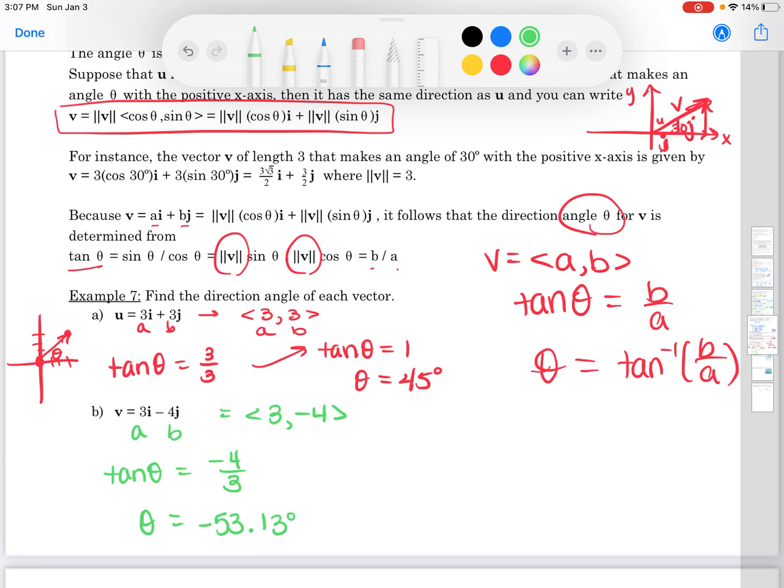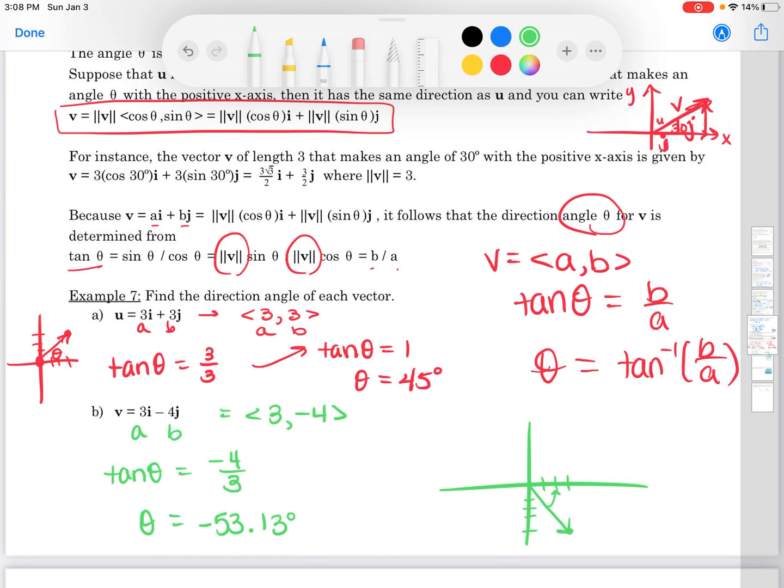Okay, so since that is our angle, we have to think about where that puts us, because we really do want to think about having positive angles here. So if we have our v, we're at 3, so 1, 2, 3, but negative 4, 1, 2, 3, 4. We're down here, and we want to be talking about the angle with the positive x-axis, so that would really be this angle in here.